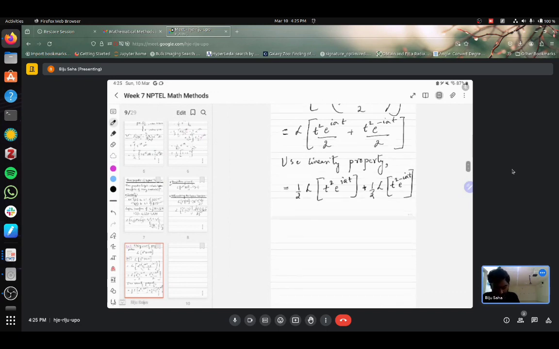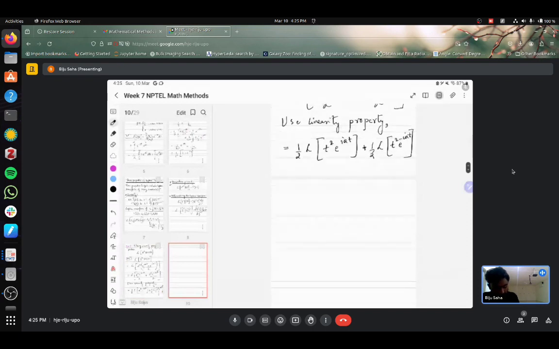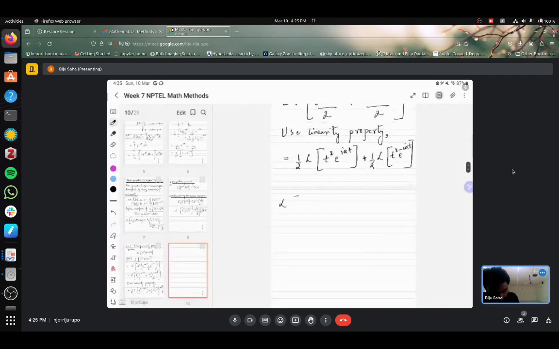So now what we have to do is find the Laplace transform of this particular thing.